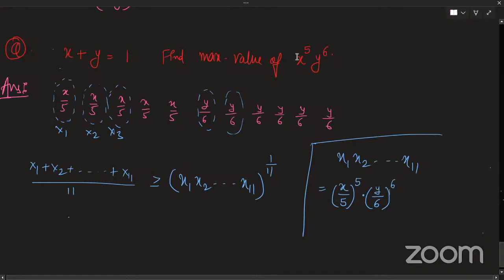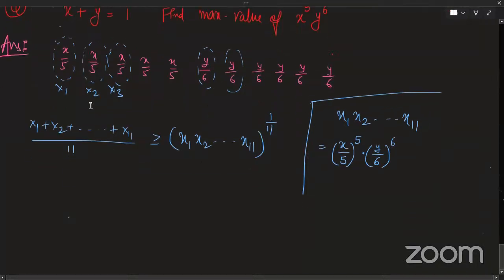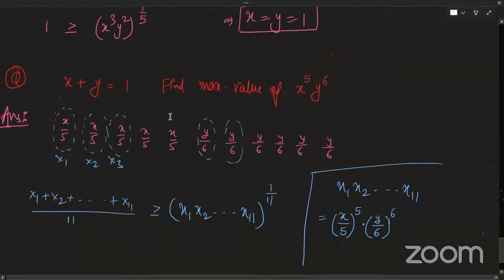So I know that I need 5 powers of x and 6 powers of y. So just think, how would I achieve it? I need to break x into 5 parts so that I get x 5 times, and break y 6 times so that I get it 6 times, and treat all of these as individual entities.